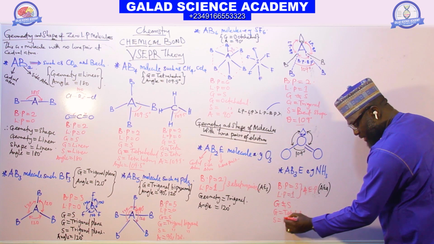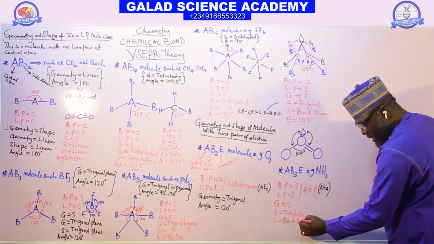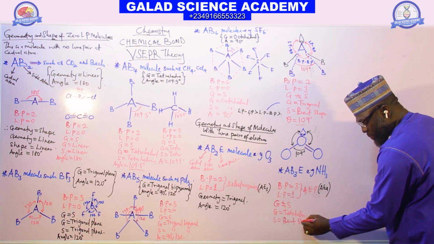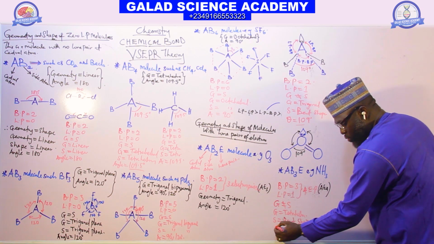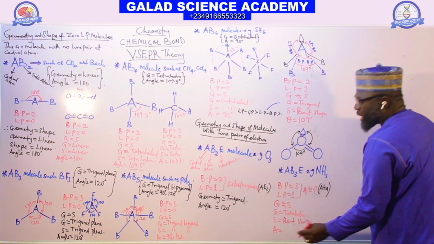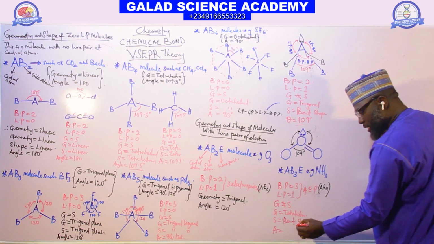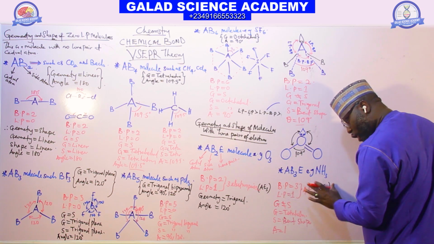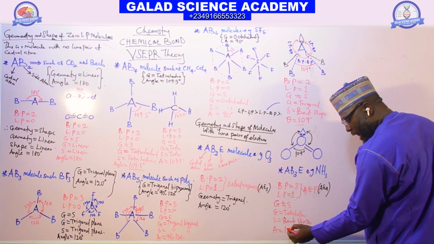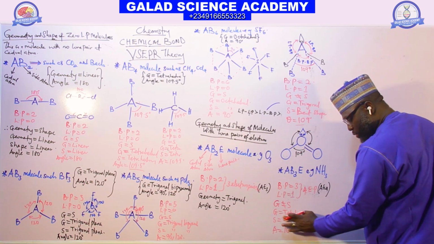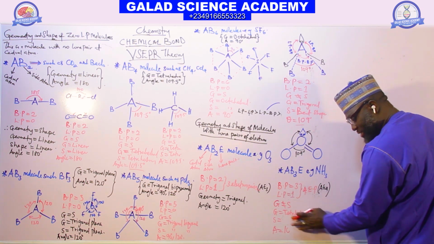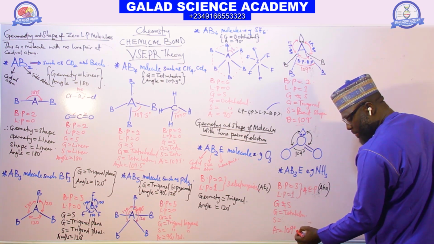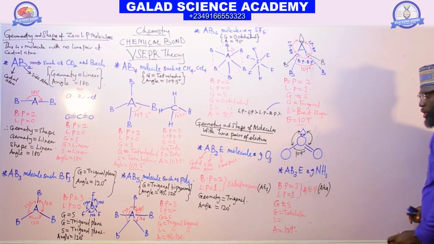The geometry is tetrahedral, but the shape is bent. The angle here is 109.5. Let us look at the shape here by drawing the structure.